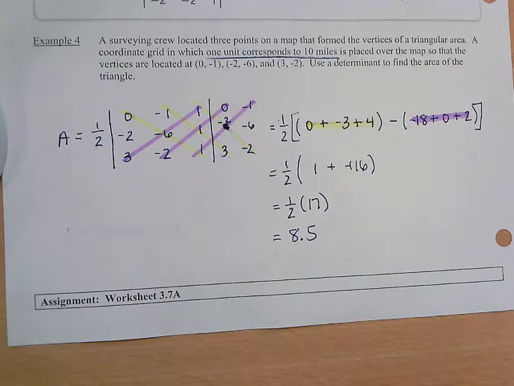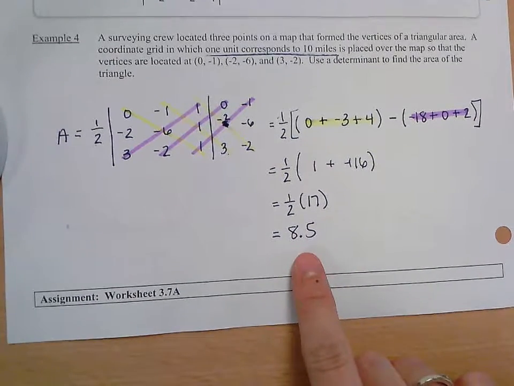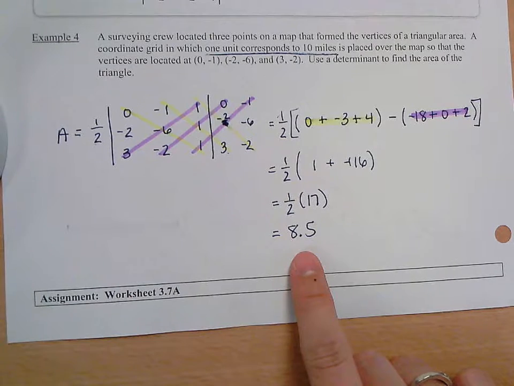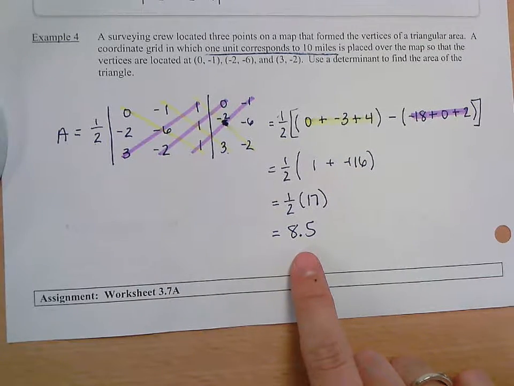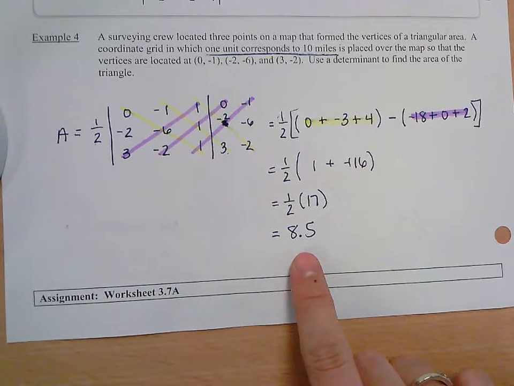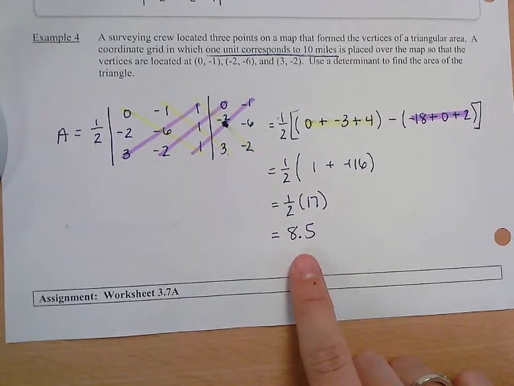So if 1 unit is corresponding to 10 miles, what would I have to do with this value to get my area? Not multiply by 10. Logan? That would be the same as multiplying by 10. You know why I wouldn't multiply by 10.